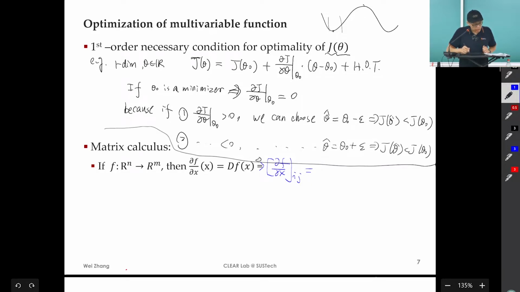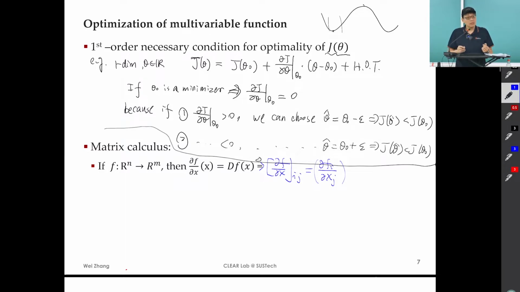The ith row, jth column is equal to partial fi divided by partial xj. Because f is a vector, x is also a vector. And what does this tell us? It tells the slope of how the ith component of f changes as we change the xj component.